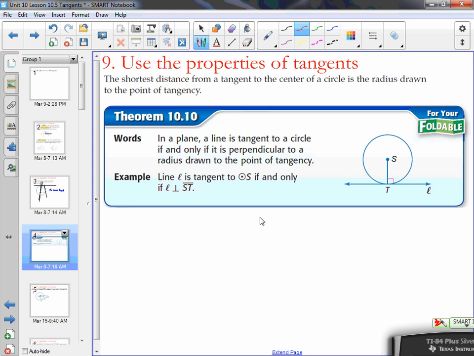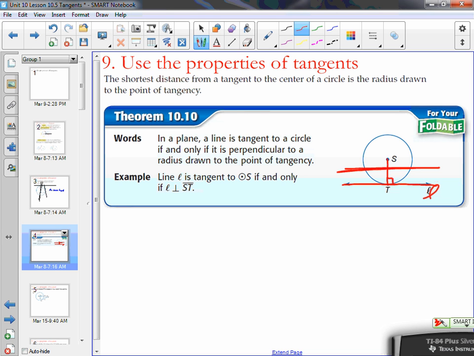So, a line is tangent to a circle if it's perpendicular to the radius at the point of tangency. So look, if I've got the radius here that's perpendicular to this line, and it's got to meet the line, though, at the end point of the radius. Can't meet the line somewhere within the radius. If it intersects the line at the end point of the radius, and the radius is perpendicular to it, that's enough to prove that line L is a tangent.